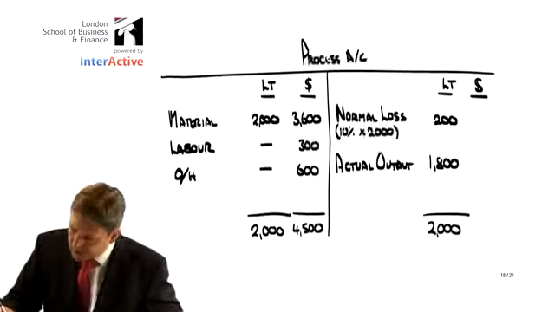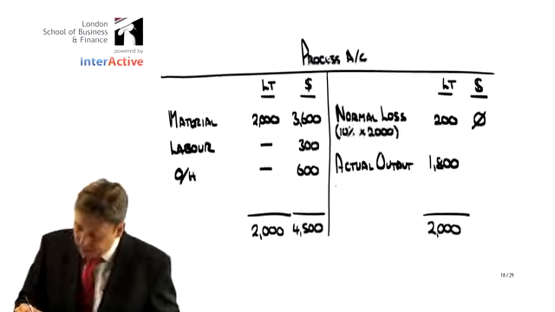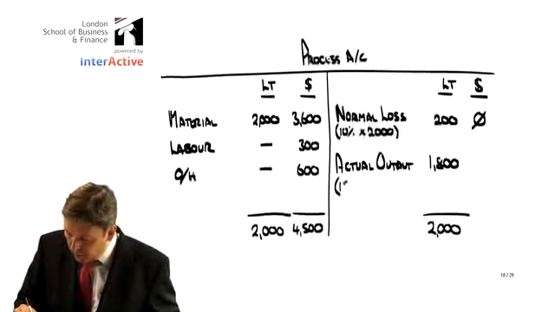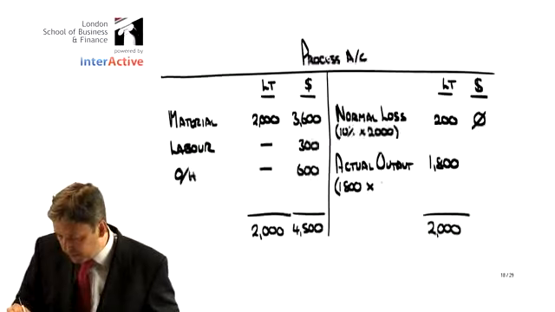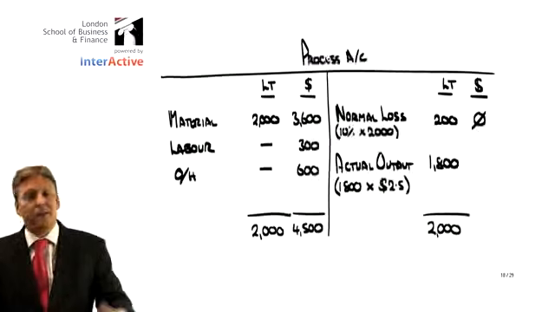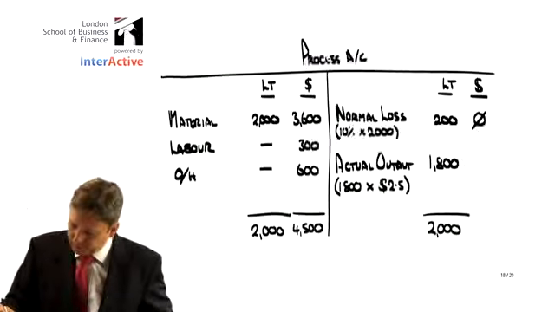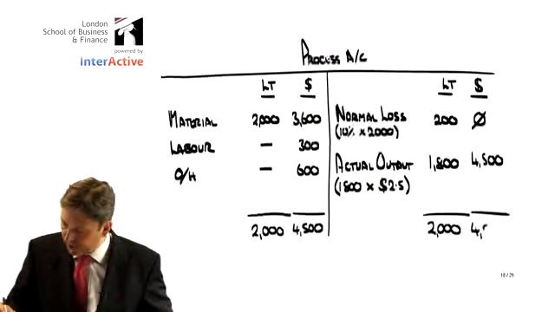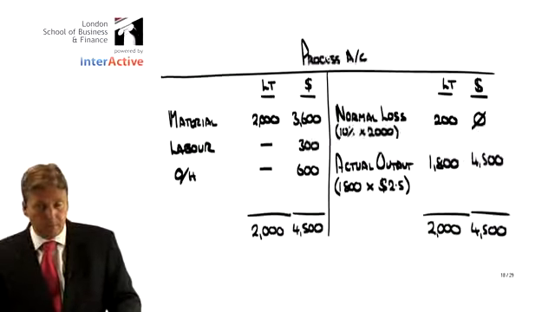So here we would give it 0 value. And if we were to calculate the actual output, we would take 1,800 litres multiplied by $2.5. And I think you can appreciate that we didn't have to do that because we had this value already, 4,500. But let's get into good habits before we get into the bad ones.